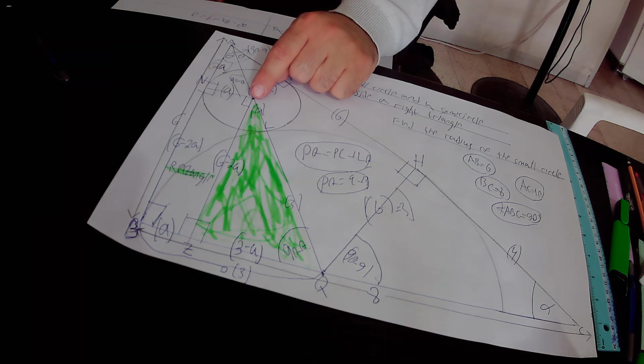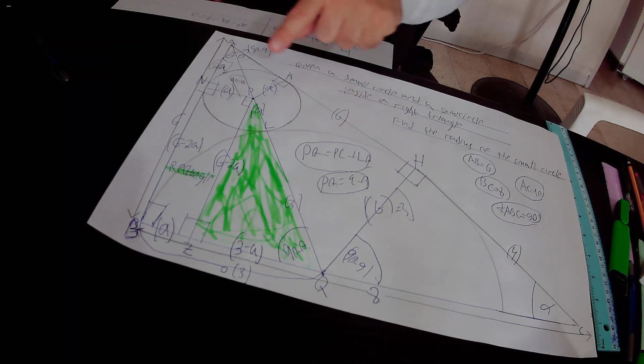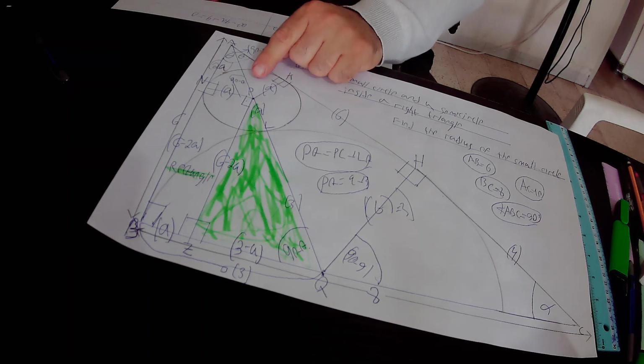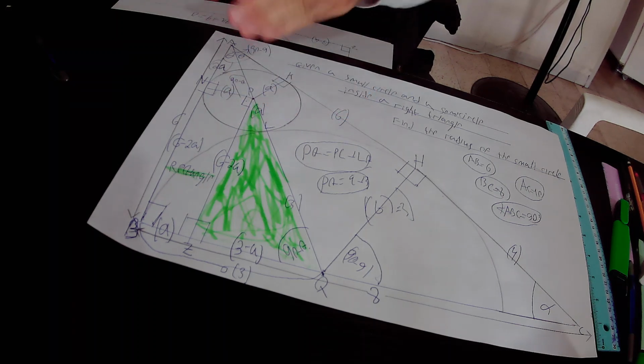Therefore this fourth missing angle must be 90 degrees. So inside quadrilateral NPZB we have 4 right angles, and any quadrilateral that has 4 right angles must be a rectangle if not a square. So NPZB is a rectangle because it has 4 right angles.